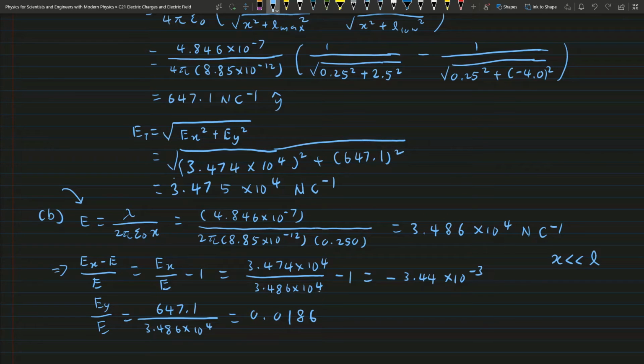So you can see the percentage difference is so low. This is a good approximation even if you use the formula for the infinite line of charge.